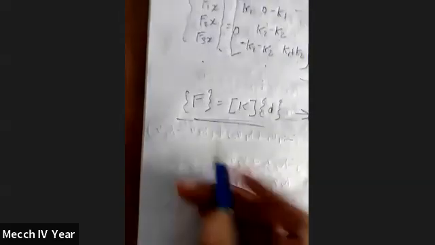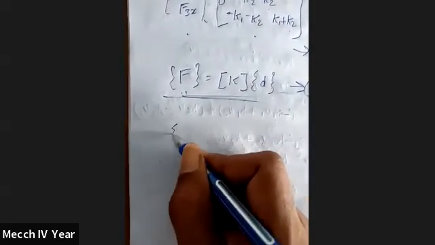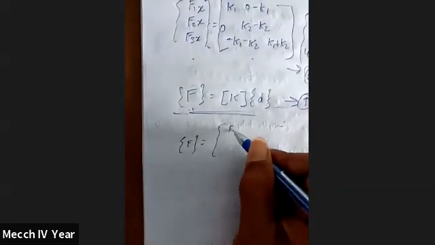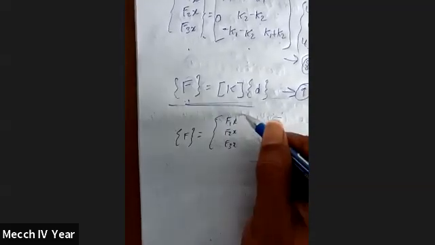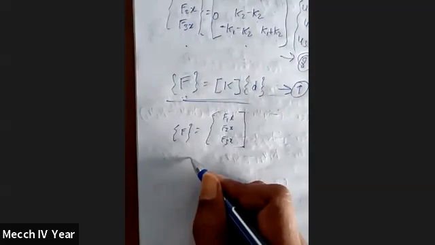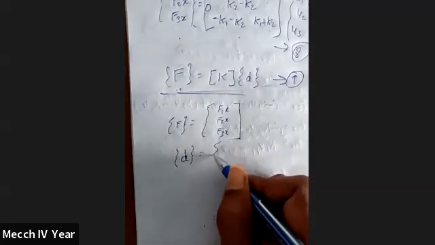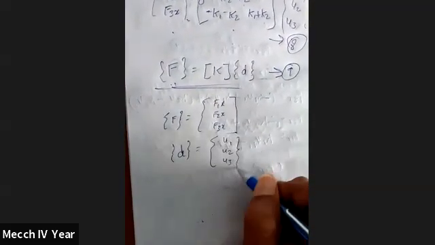Where F we can write as F1x, F2x, F3x. In a similar way, D is equal to U1, U2, U3.